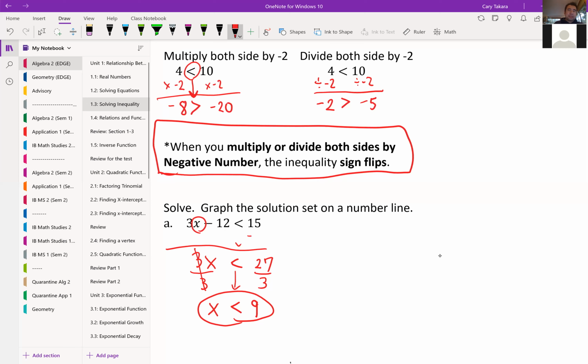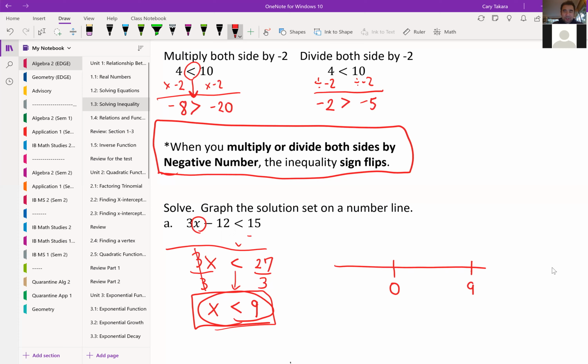Now, to show this solution, you need to be able to write this in a graph, okay? And this is what I want you to do. Well, actually, I hope you've done something like this. So let's just put 0 as a reference, and then 9 should be on the right side of the 0, right?